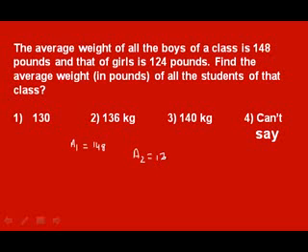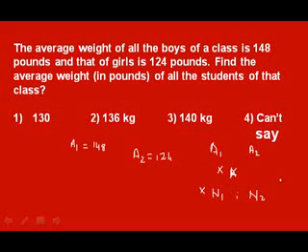Now guys, we have a1, we have a2, but we do not have a, or we do not have the ratio. Since we don't have both these things, we will not be able to answer the question.